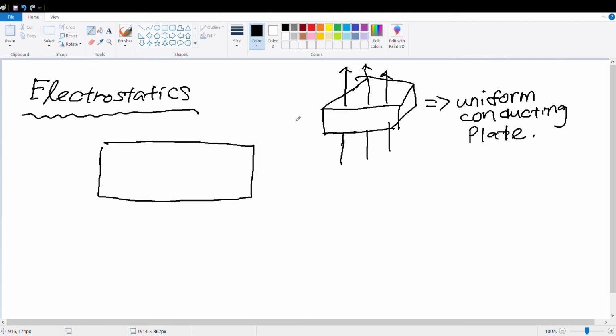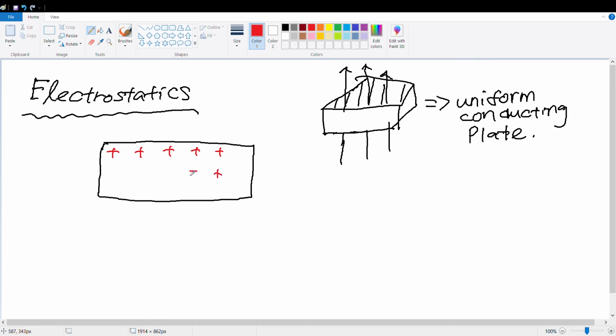Since the electric field passes from the bottom to the top, it means that the charge exerted by the surface of the conducting plate, and we assume this surface as the plane view of this surface, is actually positive.